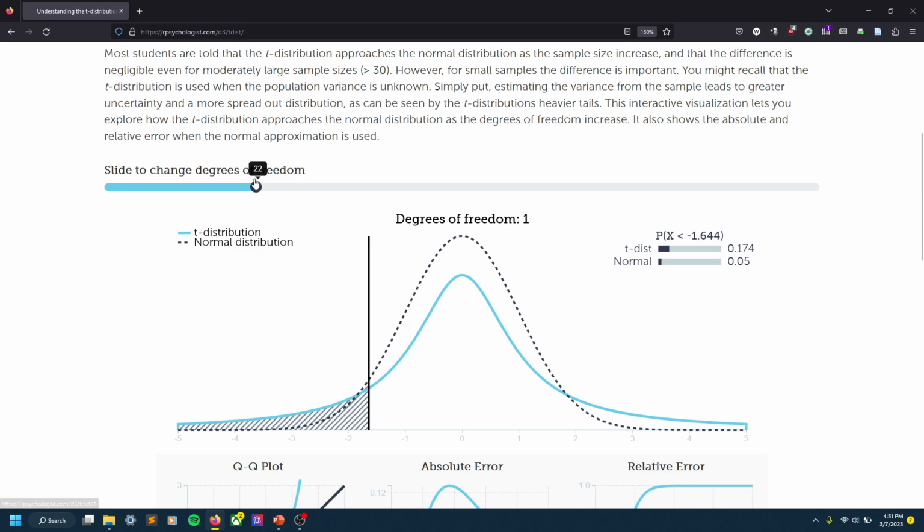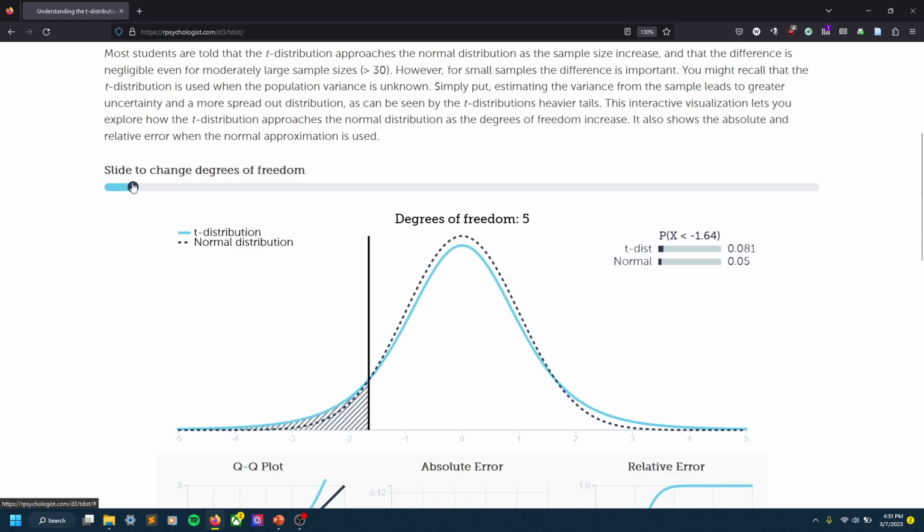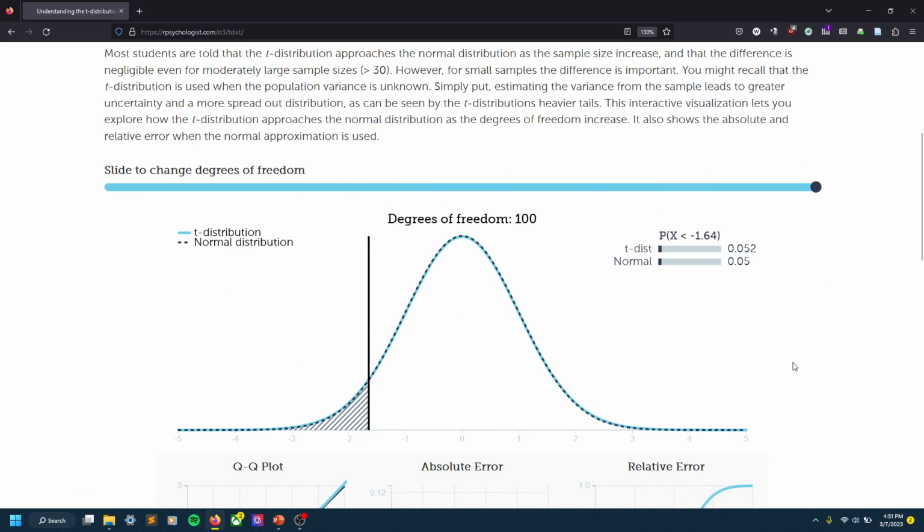Then as our degrees of freedom increases, let's go to 5 to start. Even at that point, you're starting to see the t-distribution more closely mirror a normal distribution, to the point where if we get to like 35, it's getting very, very close. Then all the way up to 100, and it's essentially identical.